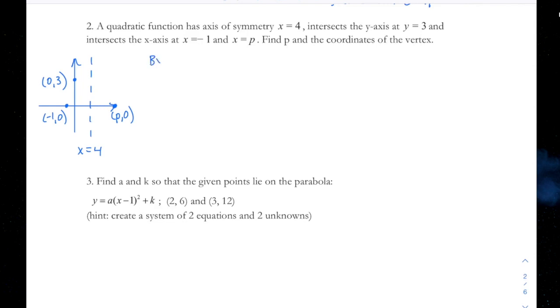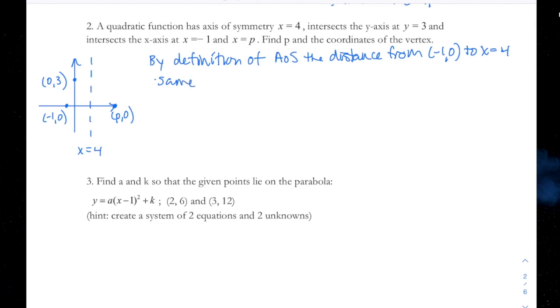Okay, so by the definition of an axis of symmetry, we know that the distance from our first x-intercept to the line x equals 4 should be the same as the distance from P0 to x equals 4.